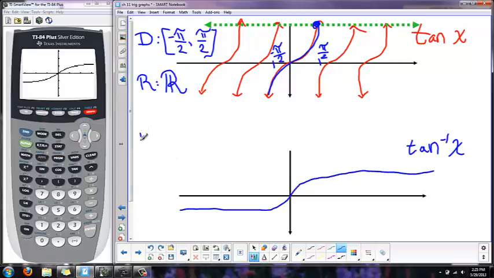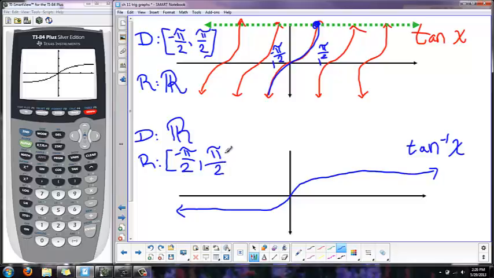So the new domain, or the new x values, is going to be all real numbers, and you can see that by seeing how it extends in the negative direction and the positive direction as well. And then the new range is between negative pi over 2 and positive pi over 2. Okay? That's something that you really do need to remember, so I would make sure that you have that written down. Okay?